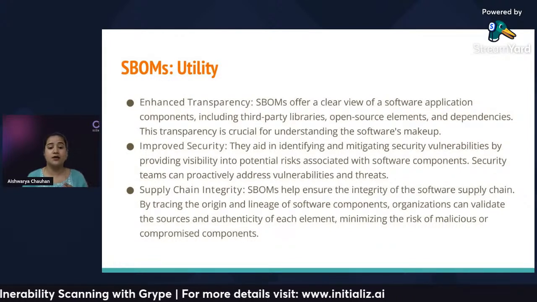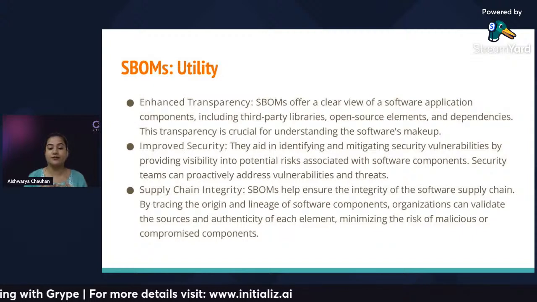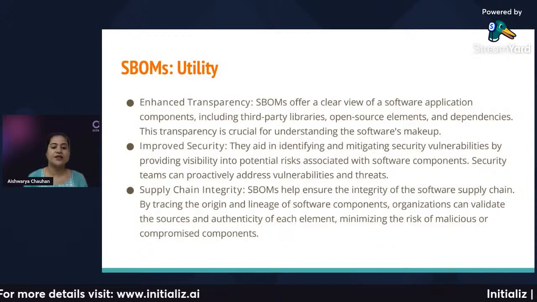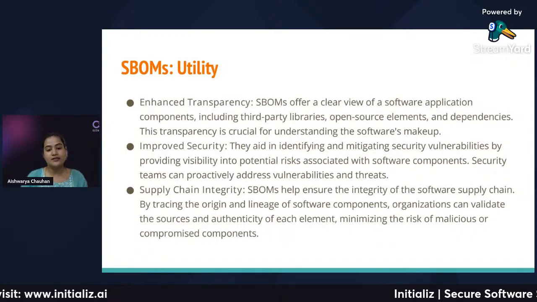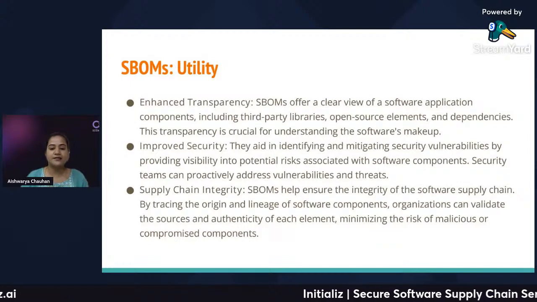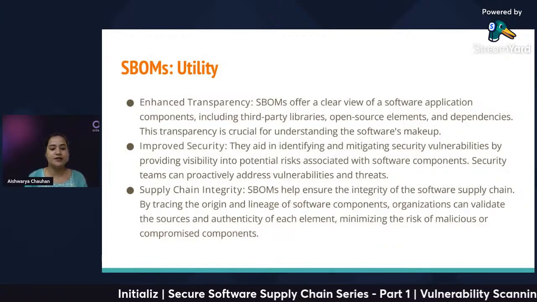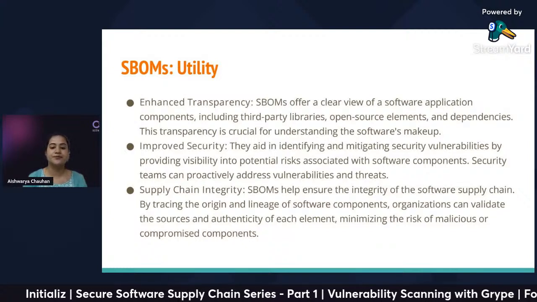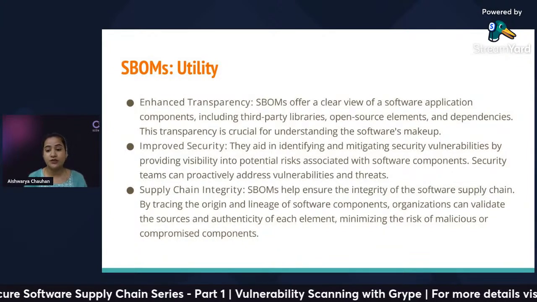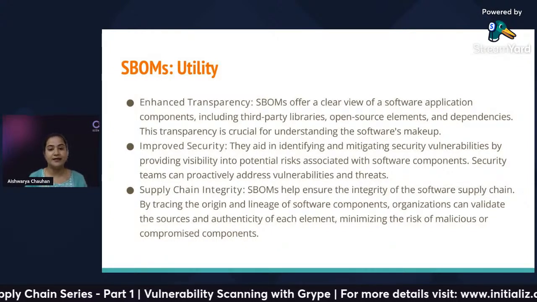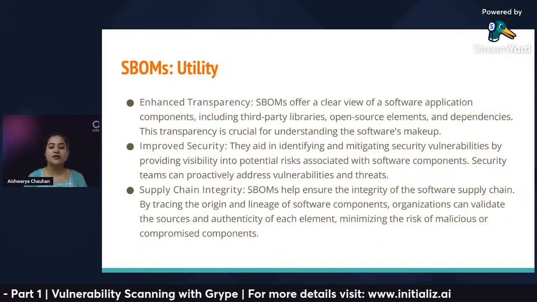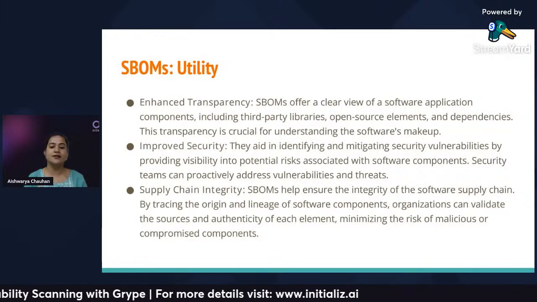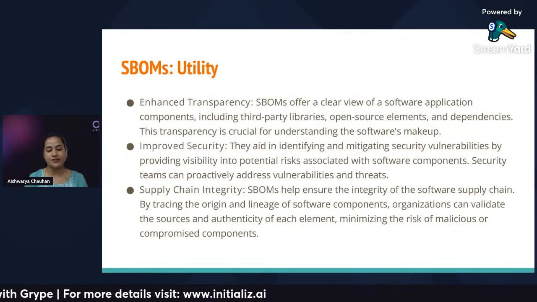As you can see, it enhances transparency, and these documents, the SBOMs, aid in understanding the software's composition, allowing for easier identification and mitigation of security vulnerabilities. Tracking open source components ensures compliance and licensing as well. It suggests that you stick to industry standards.